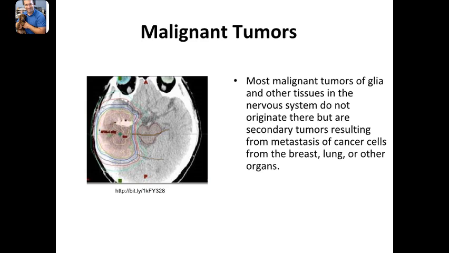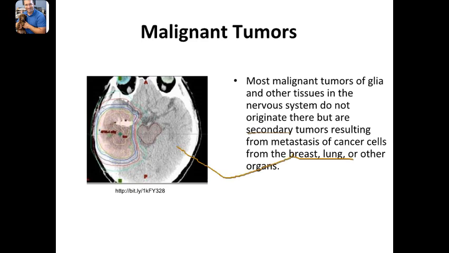They would arise from a different tissue, so maybe cancer of the breast, lung, or bone. That could transfer and wind up traveling to the nervous system and get in the brain, and then it's going to screw all kinds of things up. Very, very bad.